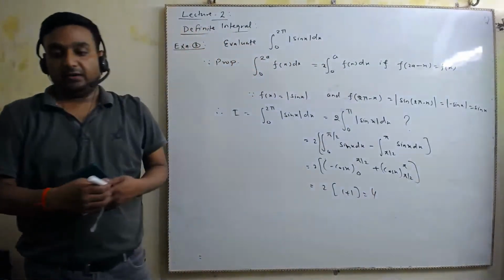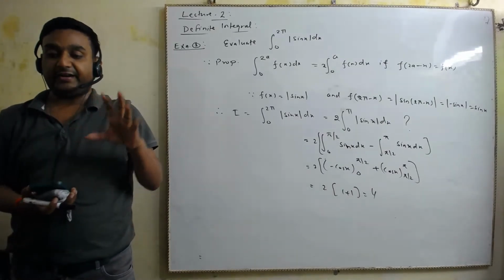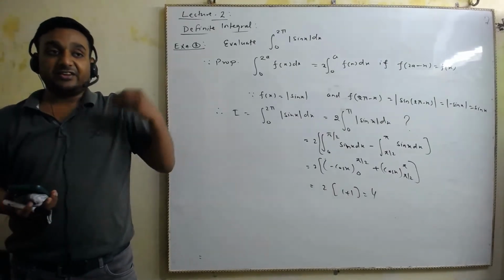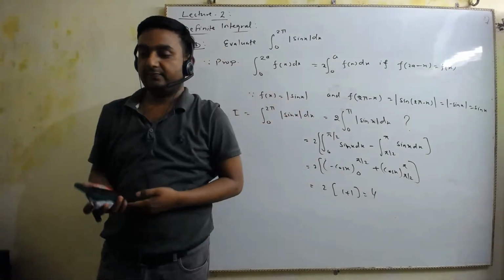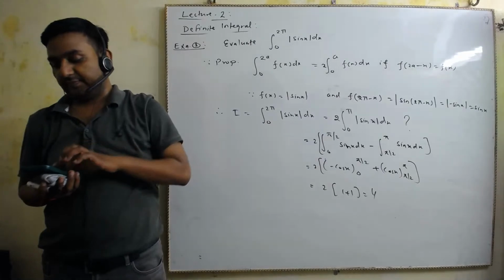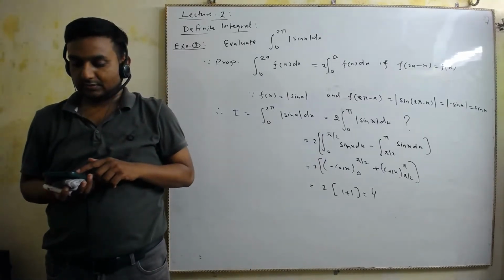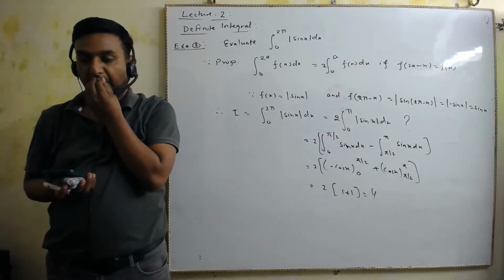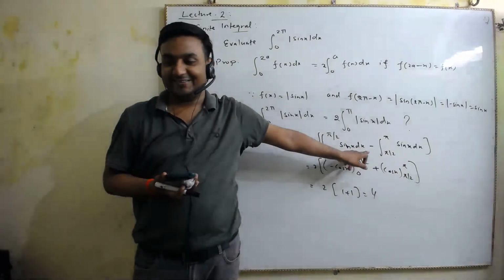Please note down everyone. And I suggest you, please don't be overconfident in such integrations. Just learn what properties can be useful there. Can anyone tell me why I have taken negative here?